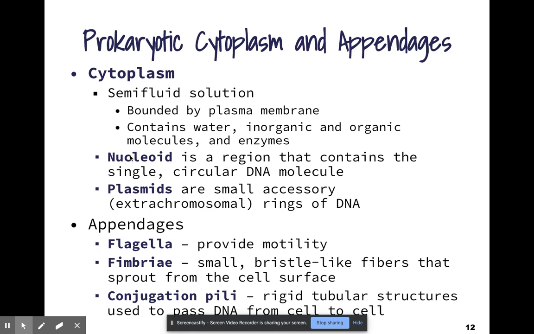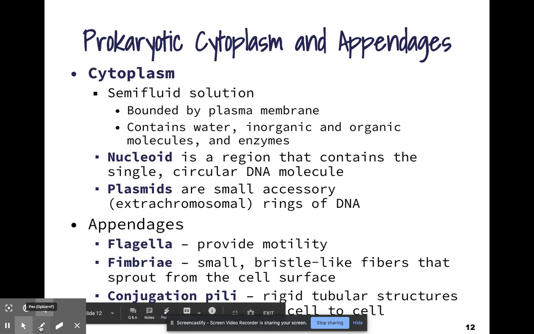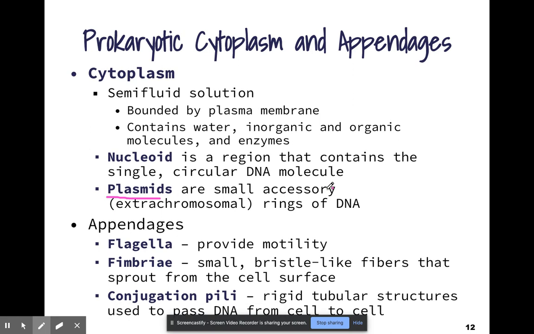Prokaryotic cells also have a nucleoid region, which contains a single circular DNA molecule, and they also have plasmids. You're going to have to know this term as well, plasmids. This is something that is new. Plasmids are small accessory rings of DNA. When we get into biotechnology, we're going to revisit what a plasmid is. But for right now, you need to know it's a ring of DNA found in a prokaryotic cell.